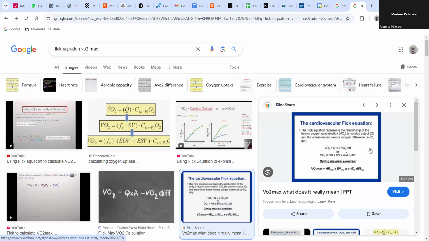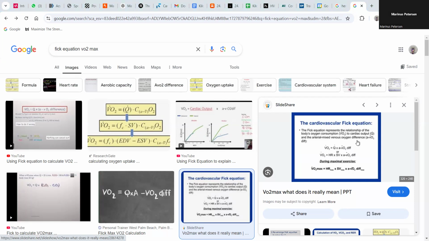A good example of this is that swimmers will probably have these peripheral adaptations in their upper body, but less so in their legs, and runners and cyclists vice versa. So these peripheral adaptations are also a bit sport specific.